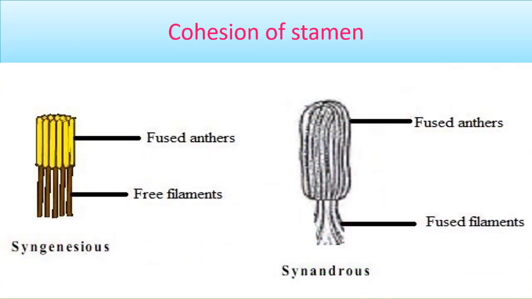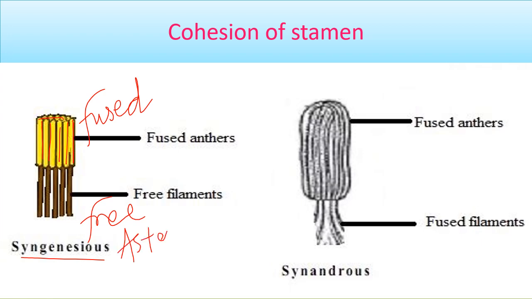Then there is another cohesion of stamen. Here you can see all the anther lobes are fused, and if you look here, their filaments are free. This condition is called syngenesious, and you will see this in family Asteraceae.